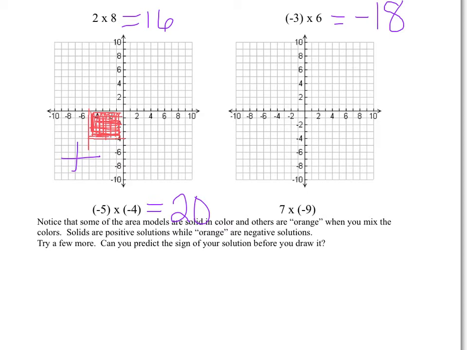Moving on, we have 7 times negative 9. So I go to 7 on the number line, and I go up. Now I'm going to look for negative 9. Oops, I went the wrong direction. You might do that too. It's okay, just go the other direction. We're looking for the cross section anyway. So then we look at the negative 9, and we're going to color all of that in. The negative 9 in red, and the positive 7 in yellow.